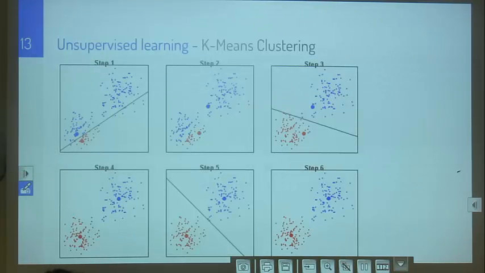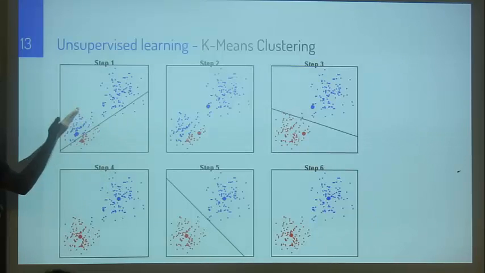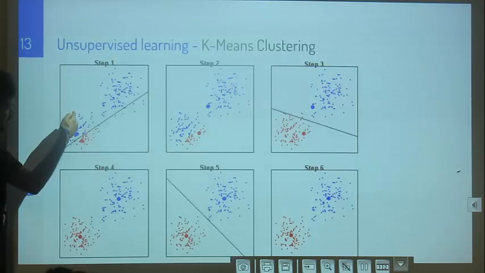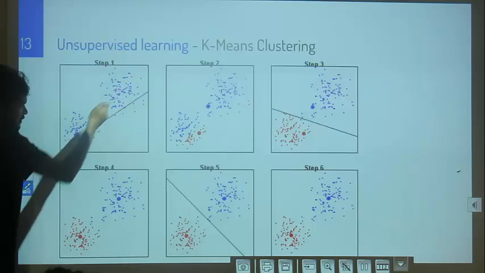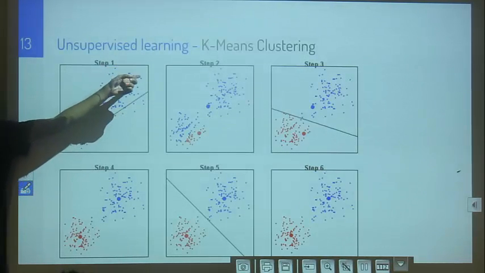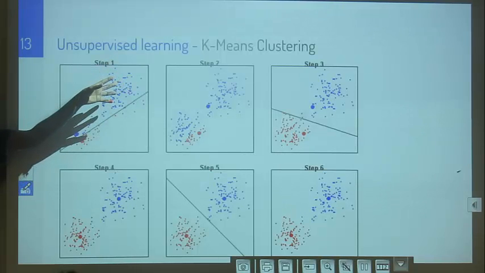So now we have two groups based on the line, and we calculate the distance between each point to this midpoint, right? So distance from this point to this point, this point to this point, this point to these points, right? And we find that there are some points that are really far away, right?